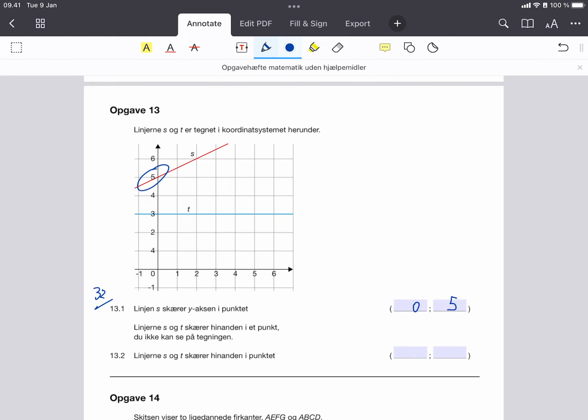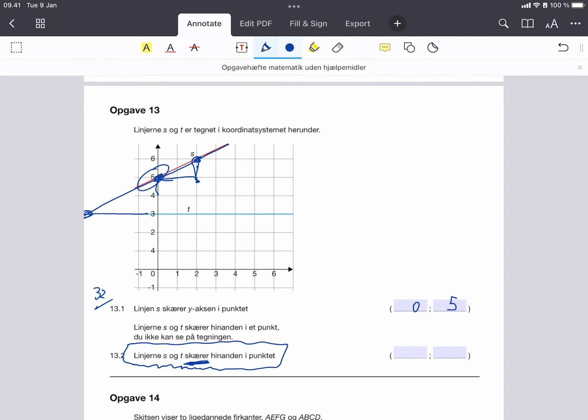And then it says the lines S and T intersect each other at what point? So if you can imagine the line S and the line T going back a bit, where will they meet? Okay, well you can see that line S is going 2 across for every 1 up.